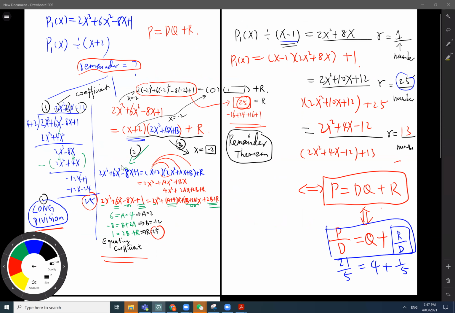Okay. Wait, how did you get 25 from the remainder theorem? You substitute -2 into the whole thing. We copy this one.